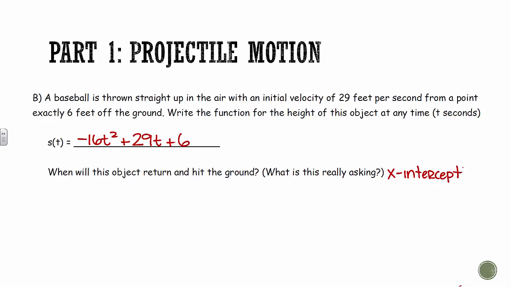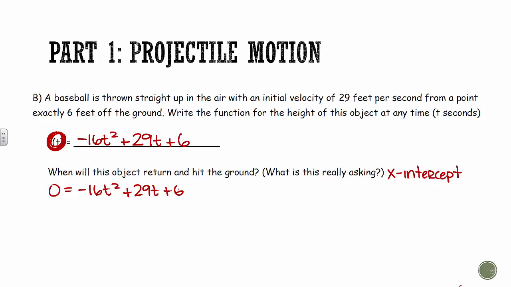So in order to find this x-intercept, we can do a couple of things. We need to remember that when this equals 0, our height is 0. So we have this quadratic function to solve, and we can solve this several different ways. We could look for something to factor, we could plug this in the quadratic formula, or we could complete the square.